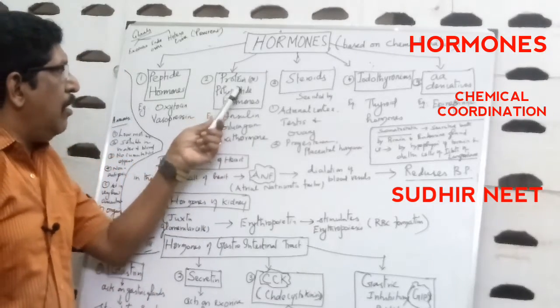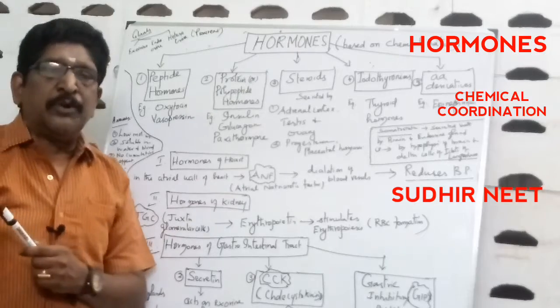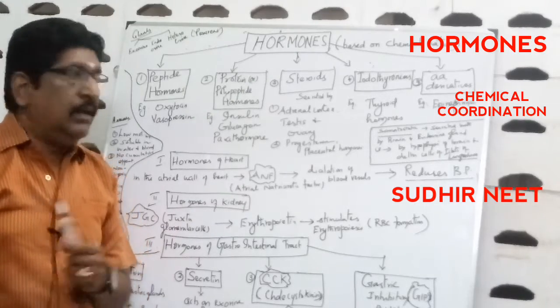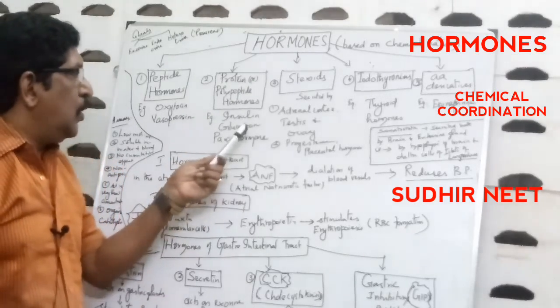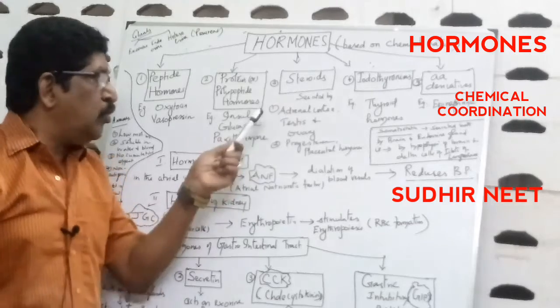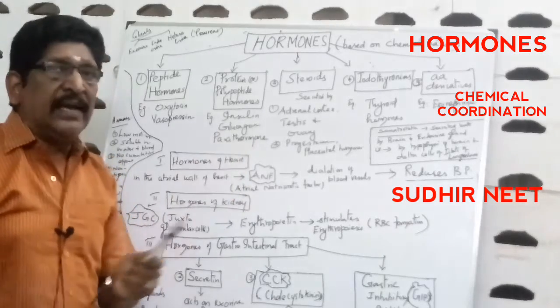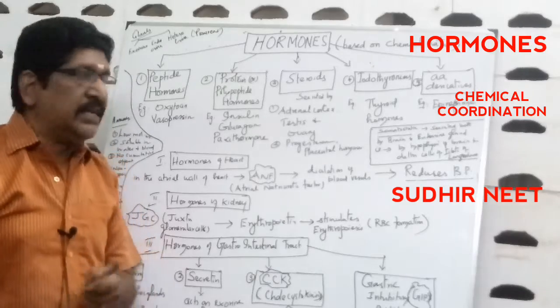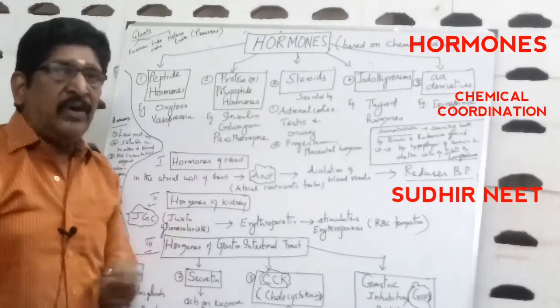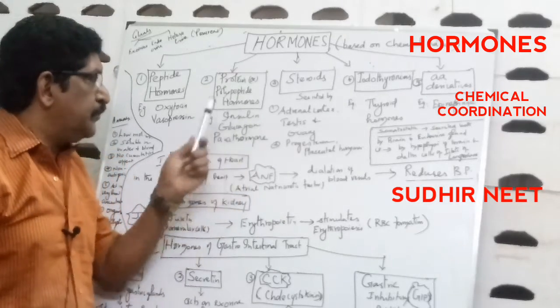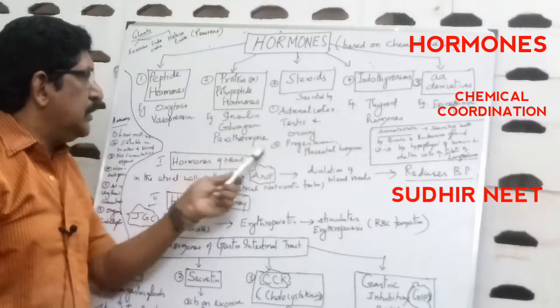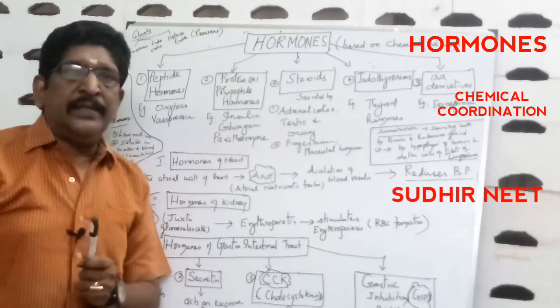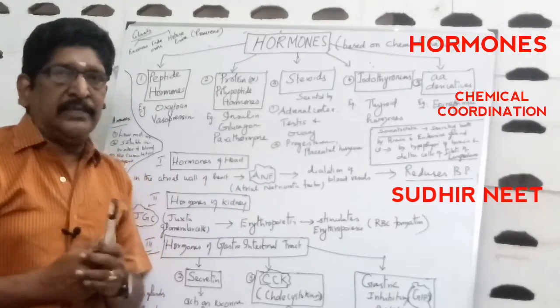Number 2, protein or polypeptide hormones. Example, insulin, glucagon. These 2 are produced by the islets of Langerhans. I told you, in the pancreas the beta cells secrete insulin, alpha cells secrete glucagon. And parathormone, the hormone produced by the parathyroid glands.